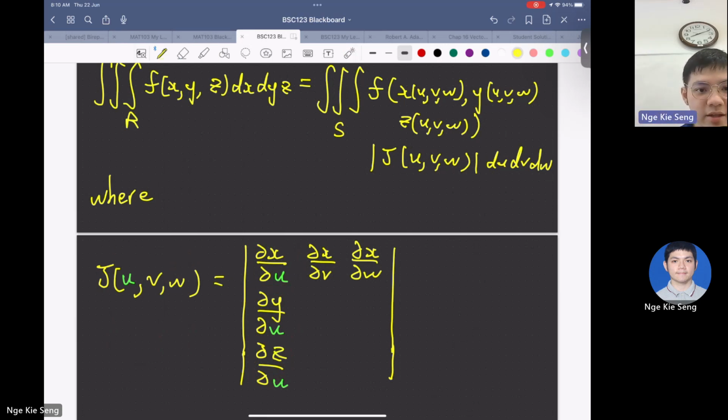Wait, let me check. I think it's correct. So, I mean, codomain stay on the row, and then the domain stay on the, wait. Let me see. No, it's different. Okay. So there's something going on here.